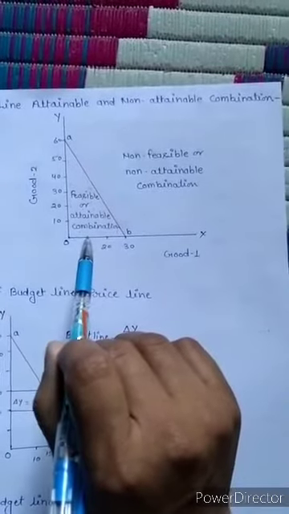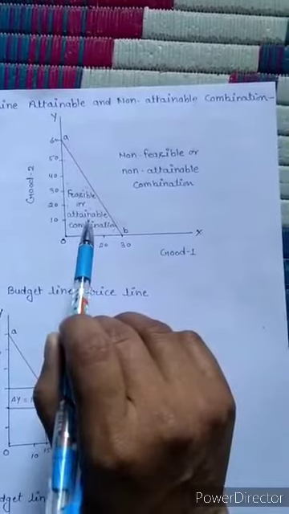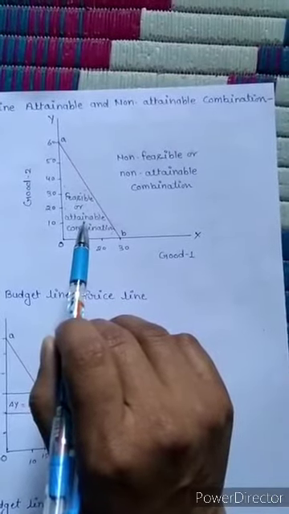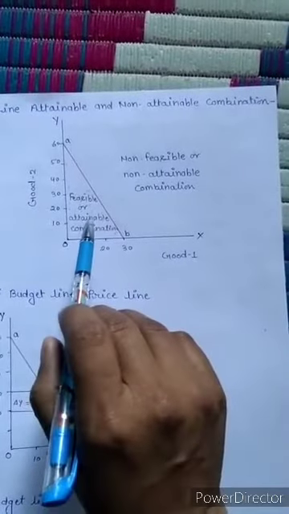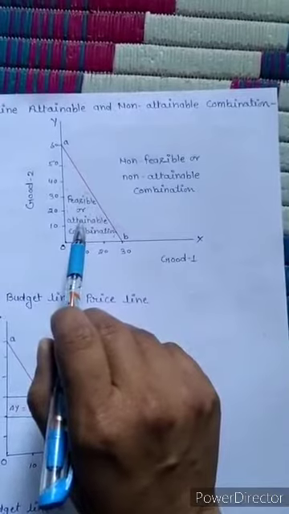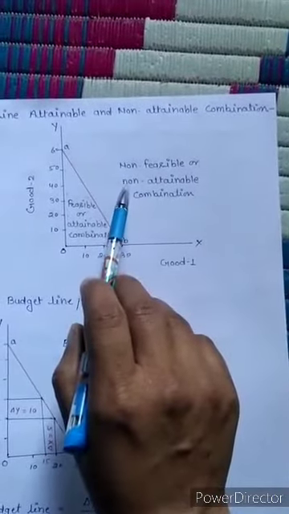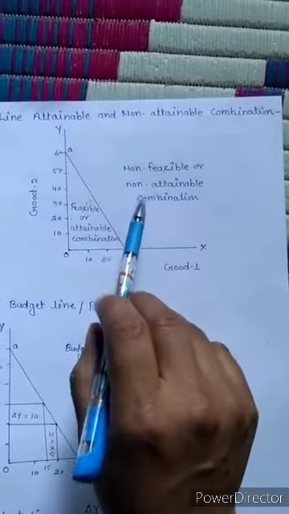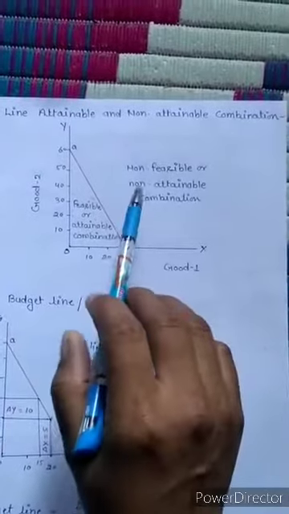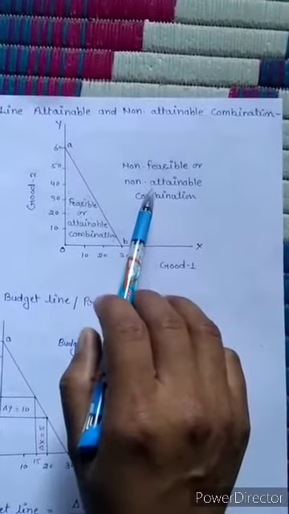Feasible or attainable combination means a consumer can purchase or afford to buy combinations that fall along his budget line. This region is called the feasible region, and the combination beyond the budget line, which consumer cannot afford, cannot purchase, this region is called the non-feasible region.